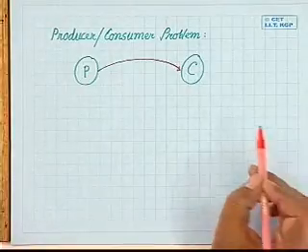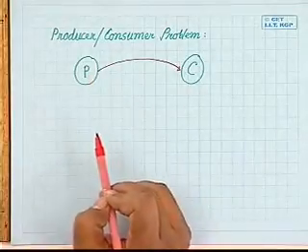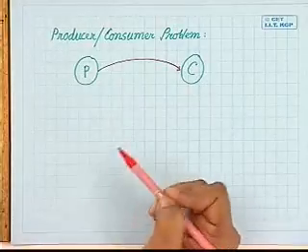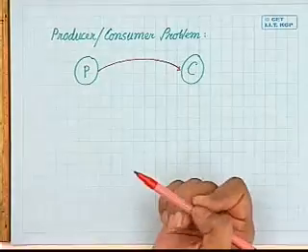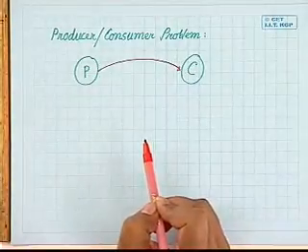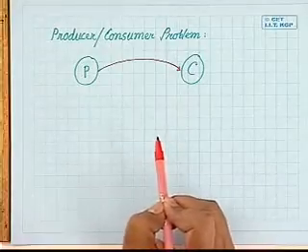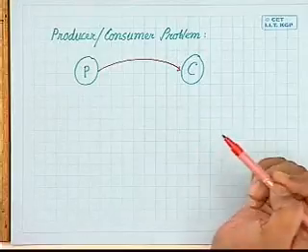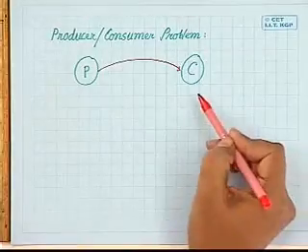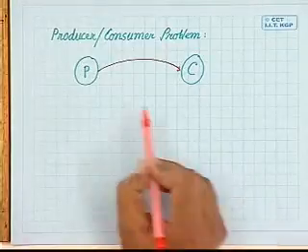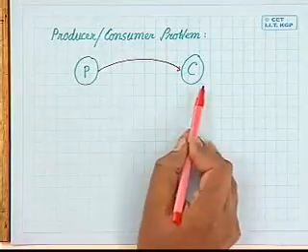The producer process is an independent process. We would like the producer process to be able to generate items independently of the consumer. We would also like the consumer process to be able to consume the items independently of the producer, so that these two processes can run concurrently.